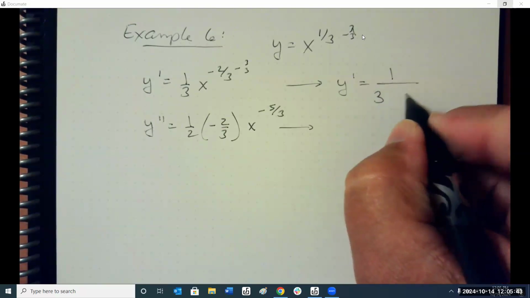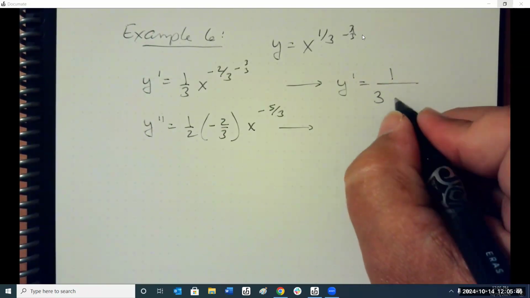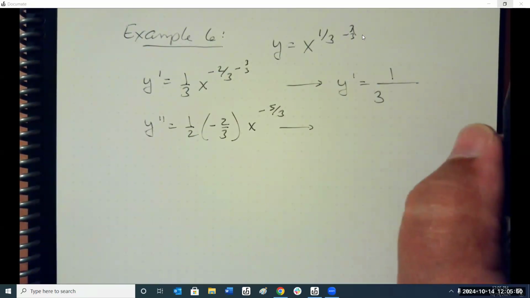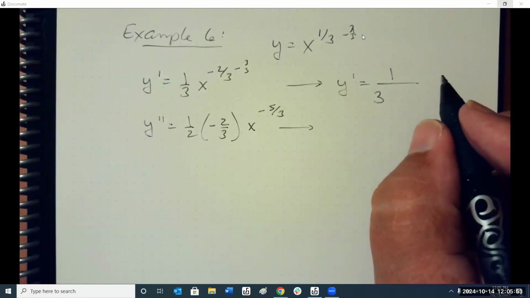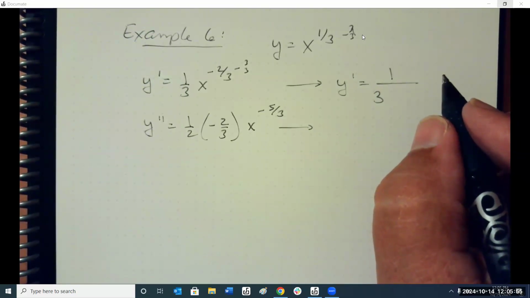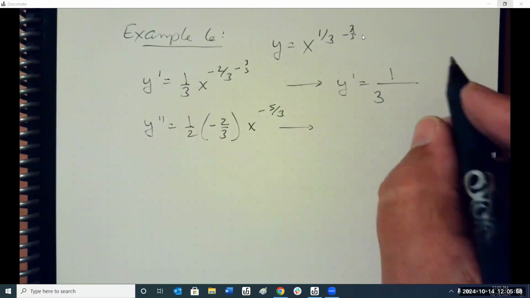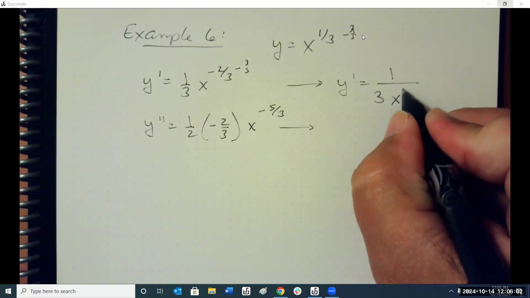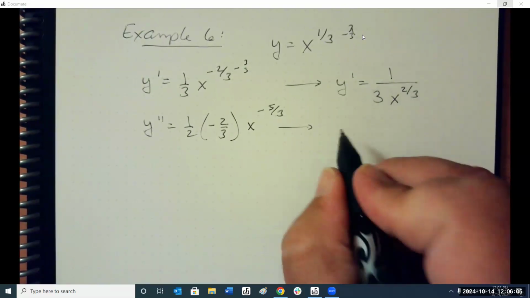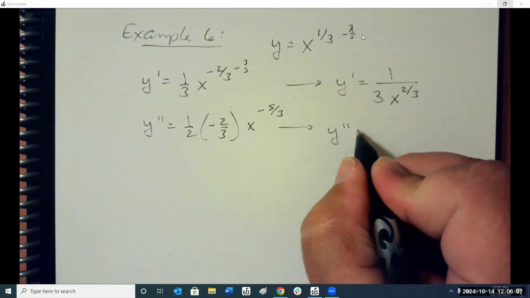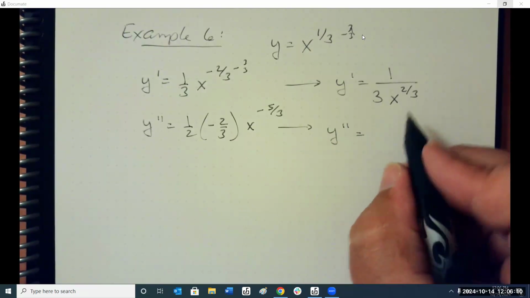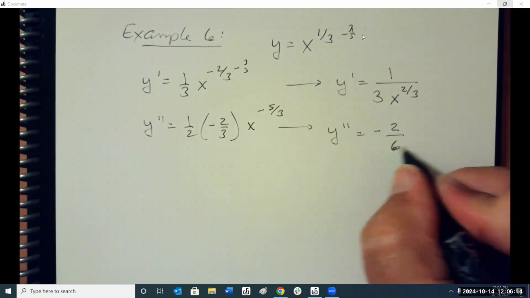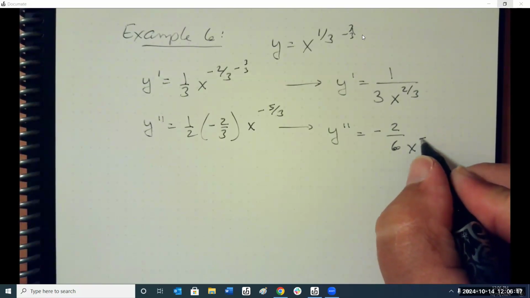So it's x to the 2/3. Becomes negative 2/6 x to the 5/3.